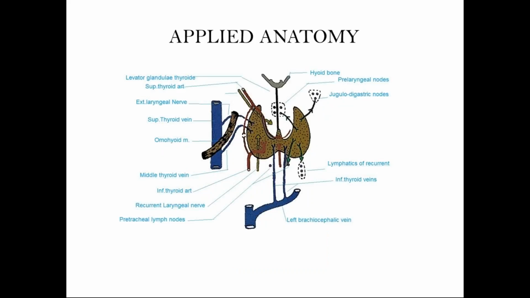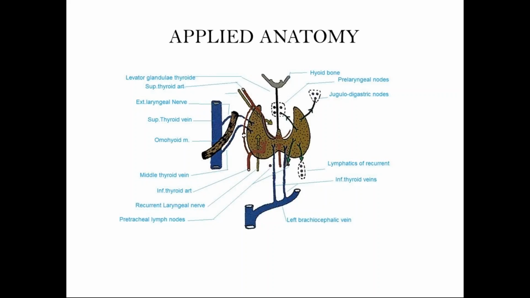Whenever you do thyroidectomy surgeries, did you understand the meaning of thyroidectomy? It is the removal of the thyroid gland. Do you understand the word ligation, ligature? You have to apply a suture around the artery. If you don't apply the suture, what will be the consequences?